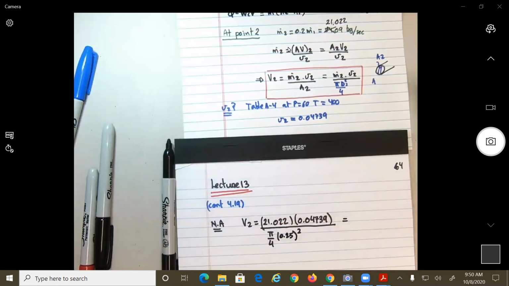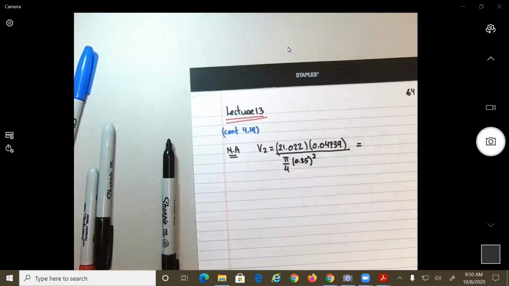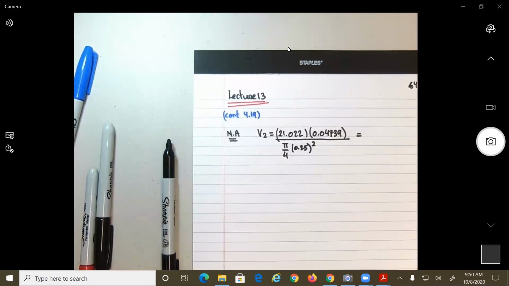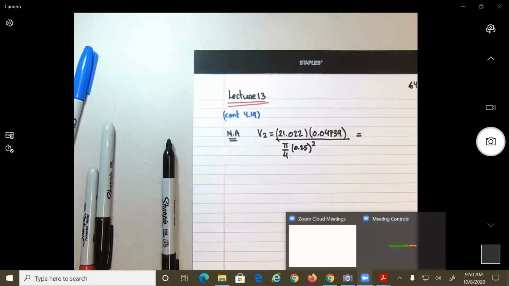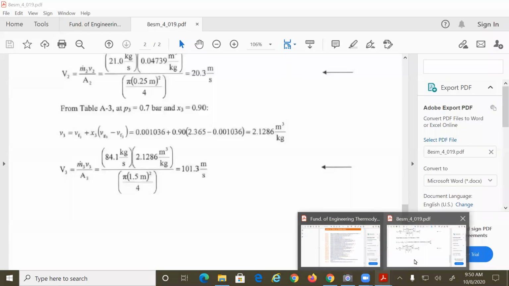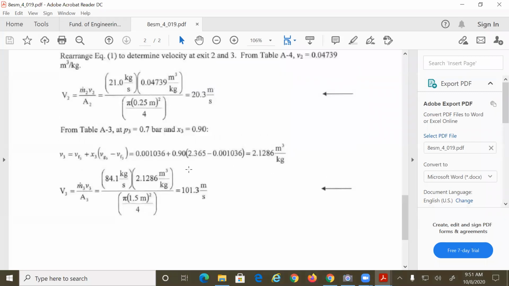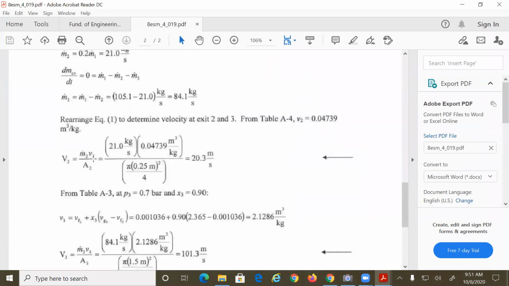Go ahead and do the calculation, but to save some time before the class, I went to see the solution, not to waste any time. But if you want to check, guys, this should be equal to, we are close to this value, 21.02, this is the same one, this is 25, so it gives about 20.3.